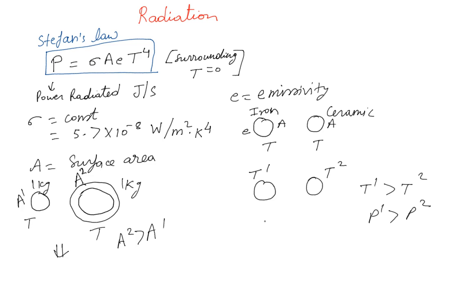As a matter of fact, we already know from the equation that power radiated is proportional to T to the power 4. It doesn't really depend on T, but on T to the power 4. So you can say P is proportional to A, P is proportional to E, and all of this you can combine to write P equals sigma A E T to the power 4.